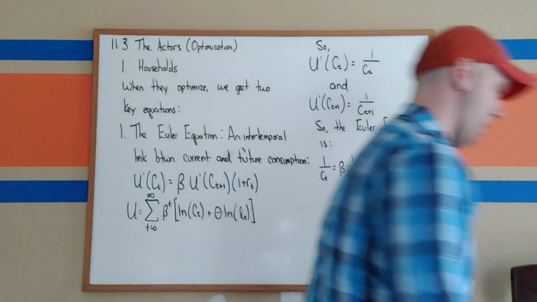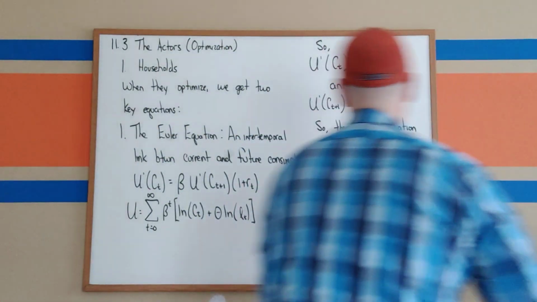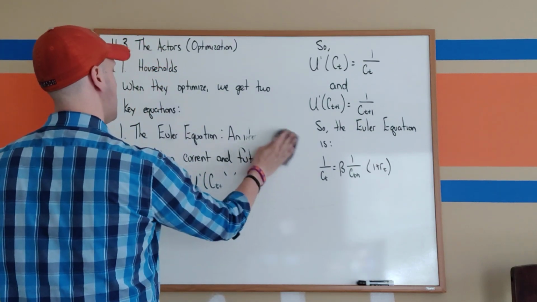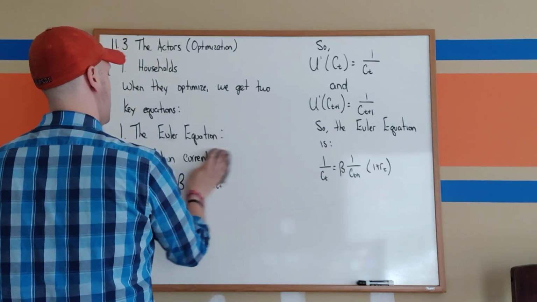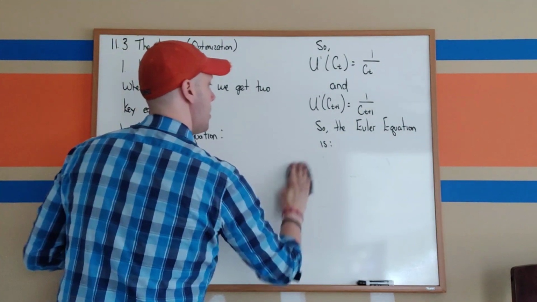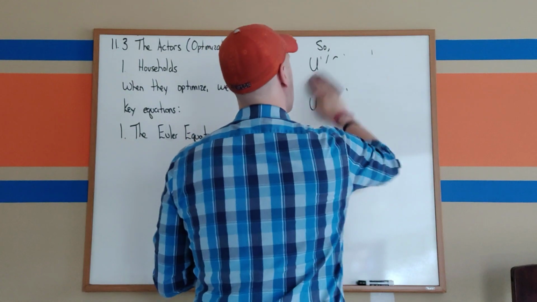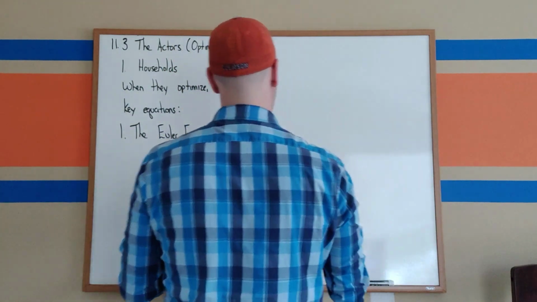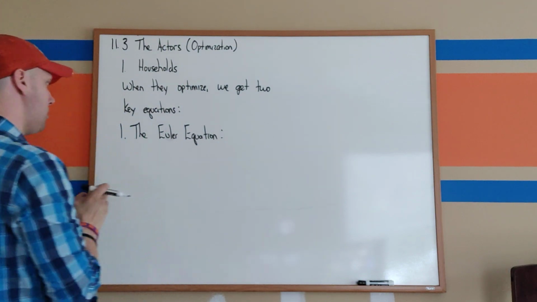So let's look at it this way. I'm going to erase some of this stuff here. With our Euler equation, I'm going to erase this, because again, you don't need to know the formulation of this. You'll just need to know what the Euler equation is.